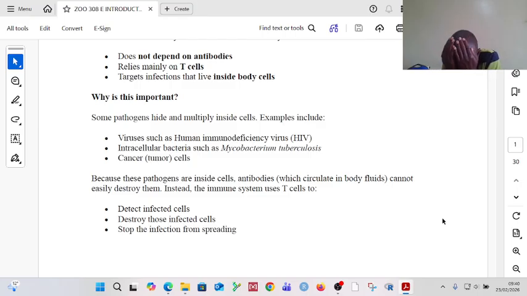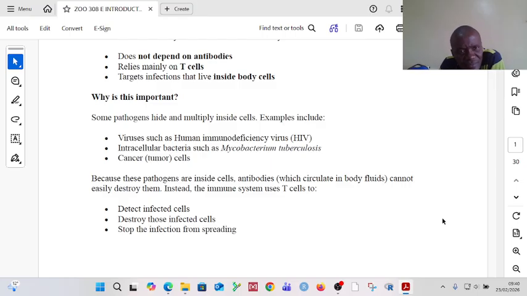Such pathogens, for example, are the viruses that cause HIV. Okay, the human immunodeficiency virus is such an example. You also have some intracellular bacteria that live inside a cell, for example Mycobacterium tuberculosis, the one responsible for causing TB, at least in humans.